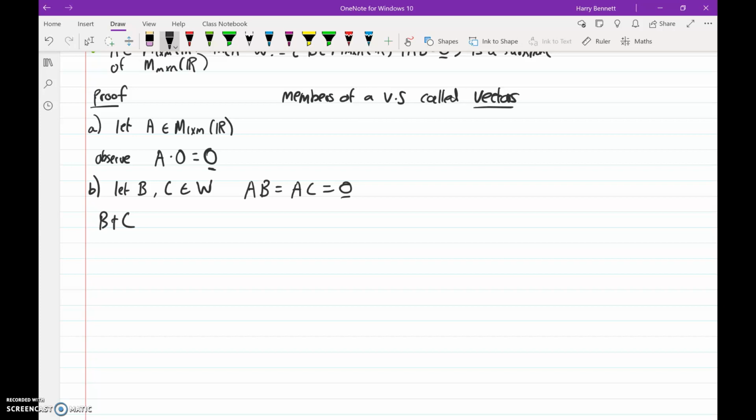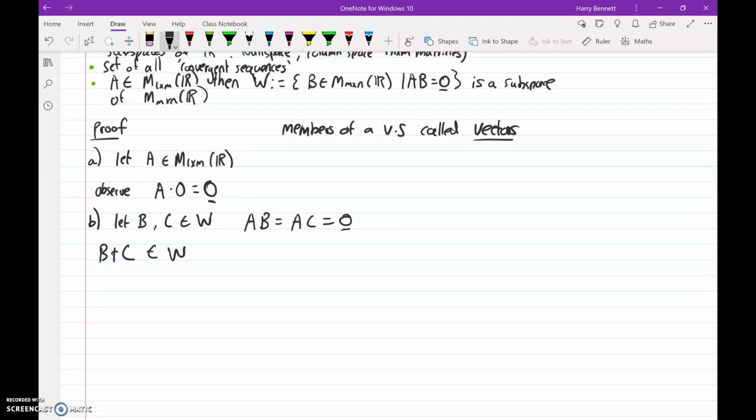If it's closed under addition, that means our element B plus C is also in W. And how do we check an element is in W? Well, to check an element is in W, we have to have that A times that element, so now B plus C, must equal the zero matrix, or the zero element.